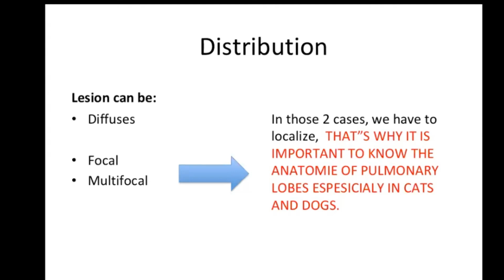So we have to say, let's give an example, the mid-lobe. The mid-lobe in cat, if it's affected, we know the cat is probably asthmatic. So it's very important to say where is the problem, where is the lesion we're seeing. And that's why it's very important to talk also about the anatomy, which I'll be talking about later.